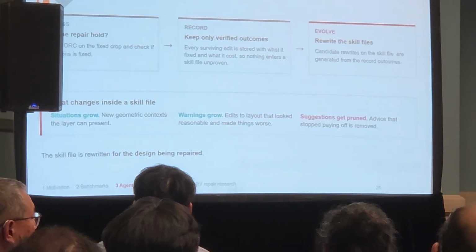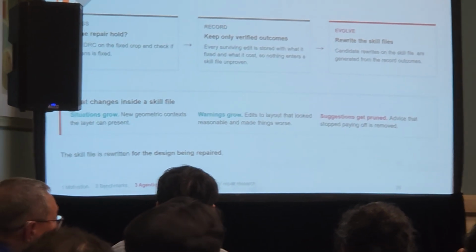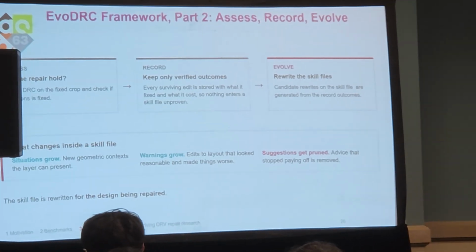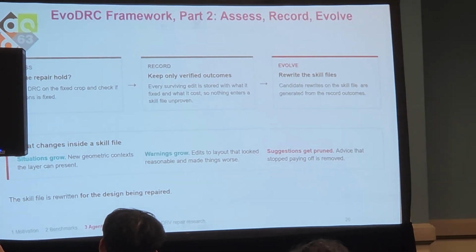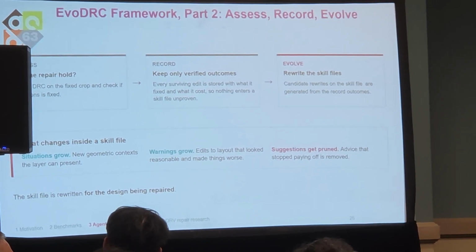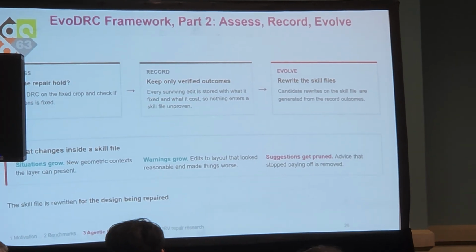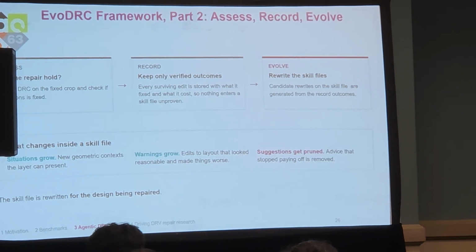The skill file gets new situations added based on its interaction with the new block: what new geometric context it saw, what warnings grew, perhaps some particular change that worked on another block did not work very well on this block or made things worse, and what suggestions get pruned. Perhaps advice from a previous block was not very applicable to this block and must be deleted from the knowledge database or from the skill file.